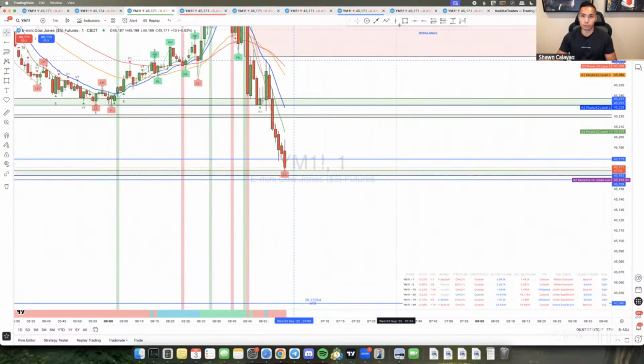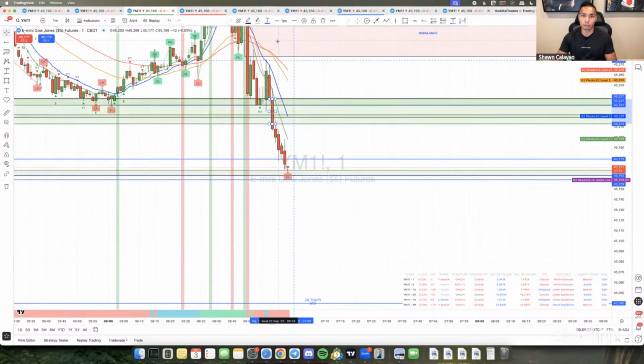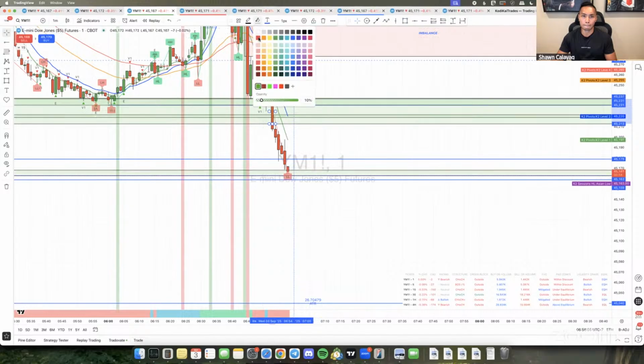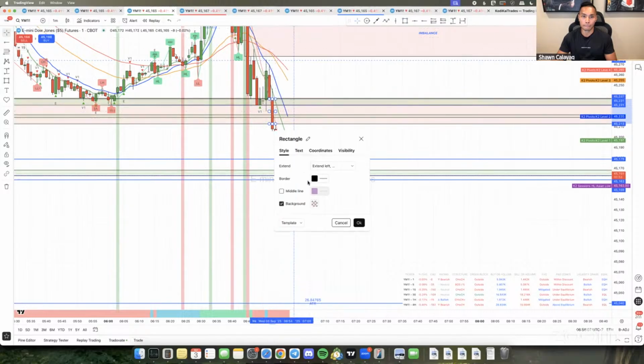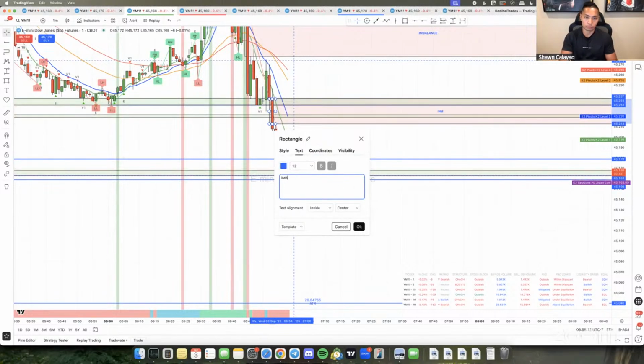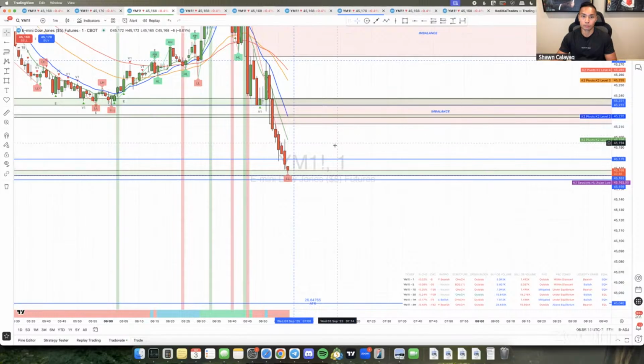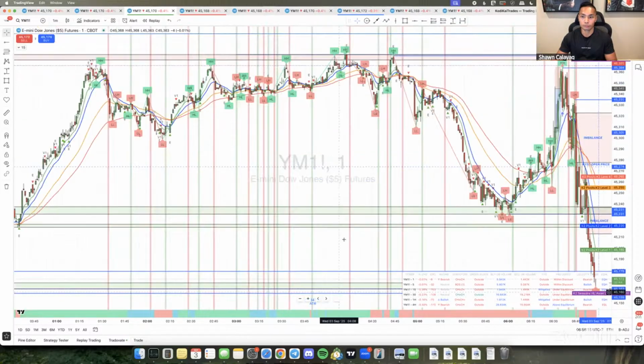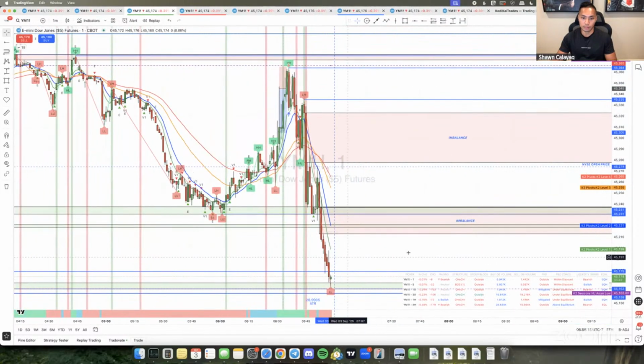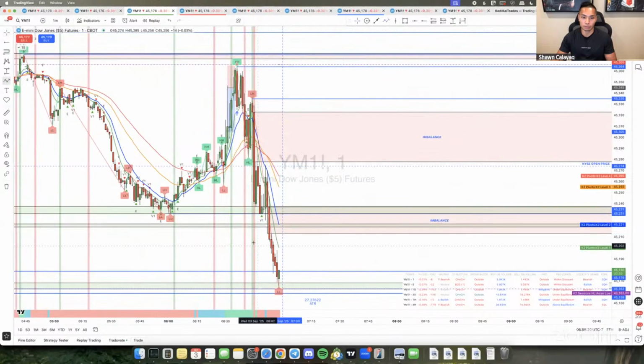So that's a support, and then we also have an imbalance right here. All right, so price is currently rejecting off the support right now.